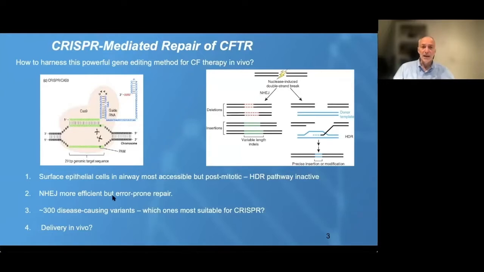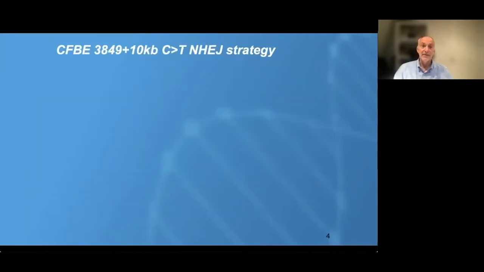So we're limited to repair mechanisms that exploit non-homologous end joining. But as I've said, this is an error-prone repair pathway. So which variants are suitable for this kind of repair pathway? And finally, the other question we're working on is how to deliver our therapy in vivo.